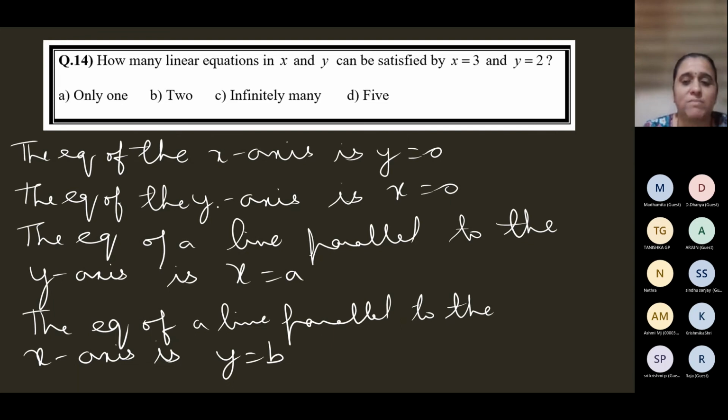So you can see, if it is parallel to the y-axis, there is only x, there is one x, there is no y, 0 y. If it is parallel to the x-axis, there is y, there is one y, but no x, it is 0 x. Children, it's time.